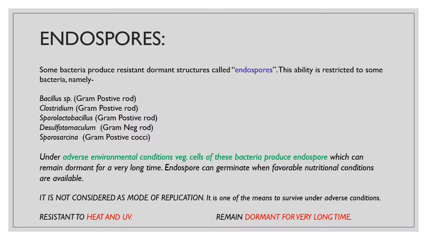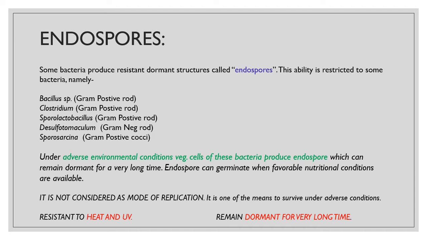So let's start. Just briefly, what are endospores? Some bacteria, we know, produce dormant resistant structures which are called endospores. This ability is restricted to some bacteria; not all bacteria produce endospores.